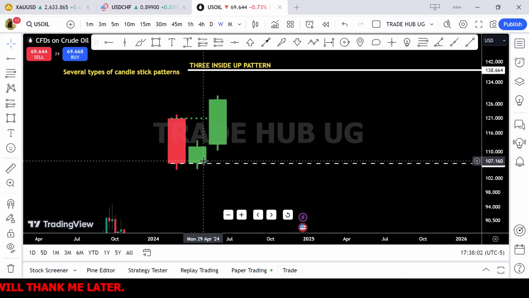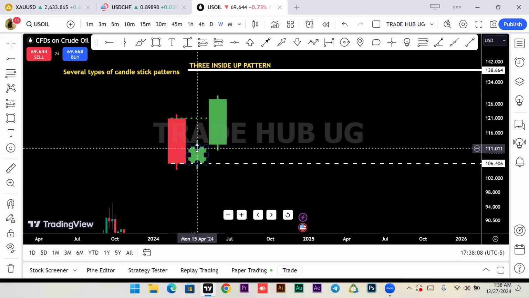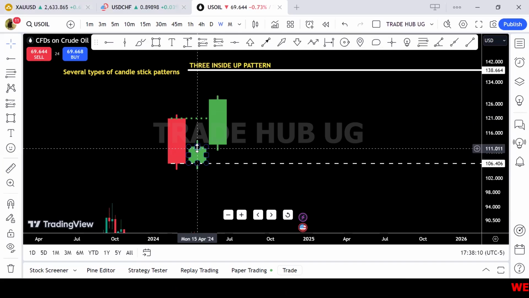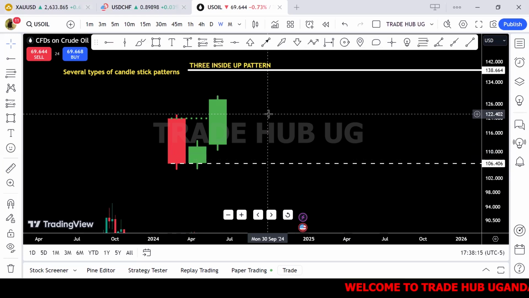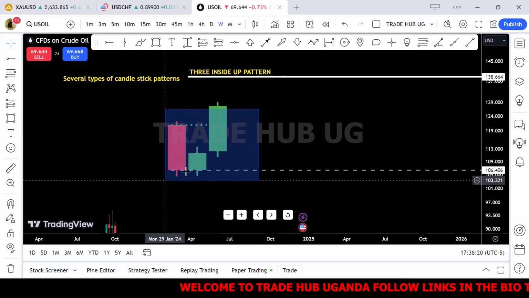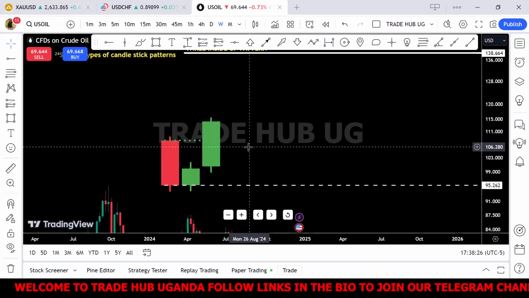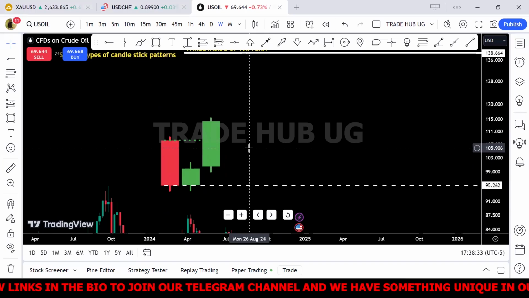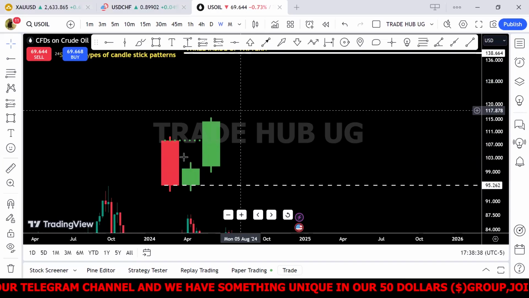Sometimes you might find this candle is also bearish. But now, if I'm to enter using this type of strategy, remember, we are from a downtrend, or we are looking for possible buys.